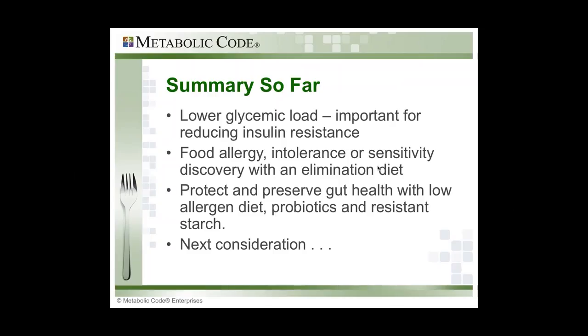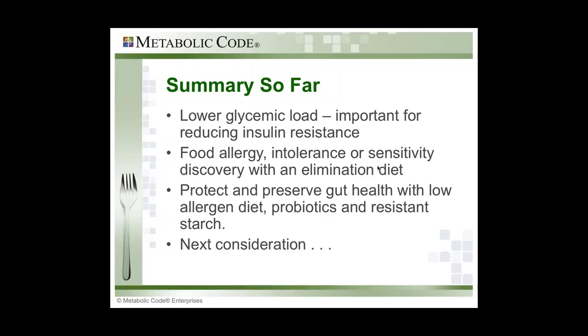Okay, so the summary so far: what you do for thyroid hormone and the diet that is helpful for optimal thyroid function is we make sure to address other metabolic factors such as insulin resistance. So in diet, what we do for that is we take the glycemic load down.